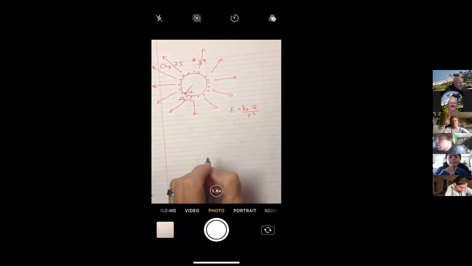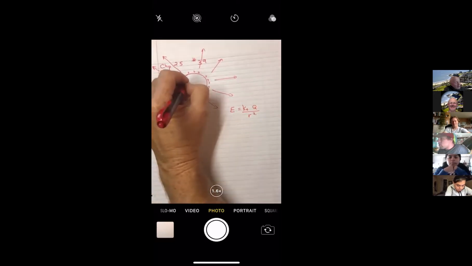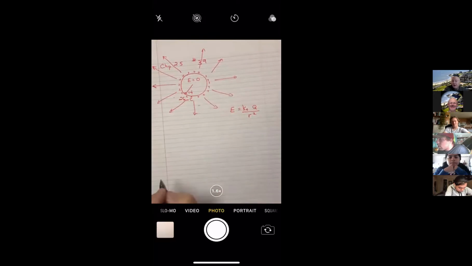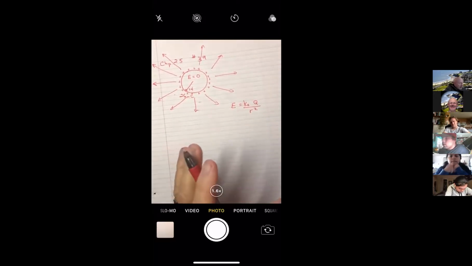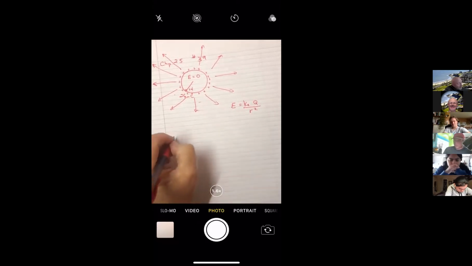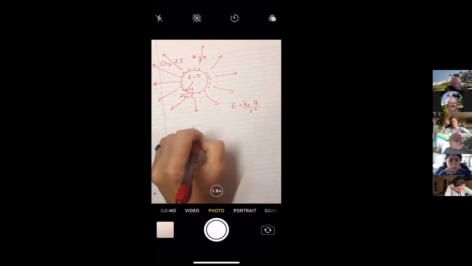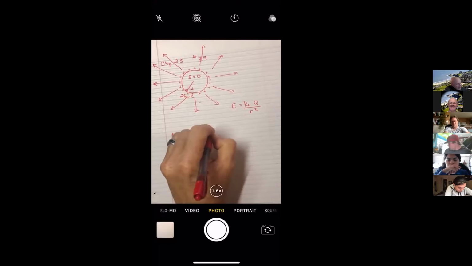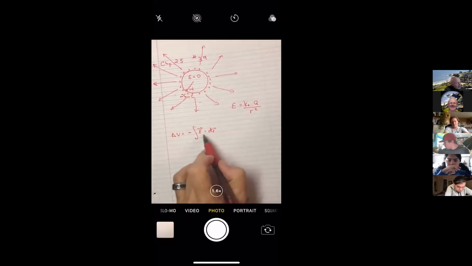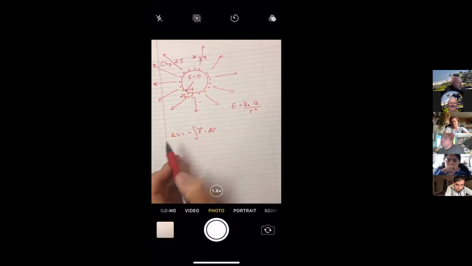And the electric field on the inside is equal to 0. Okay, so getting into this chapter, the definition of the change in potential is adding up the electric field over some position.